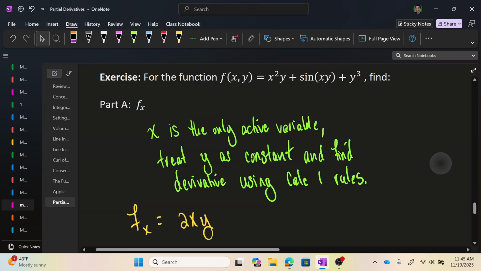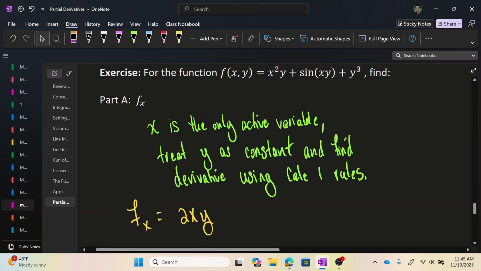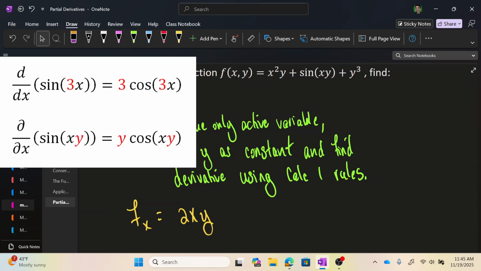Let's think about this next term here. Sine of x times y. In your mind, try and think about this as the same as sine of 3 times x, because y here is acting just like a constant. If I take the derivative of sine of 3 times x, in that situation, I will need to use chain rule.